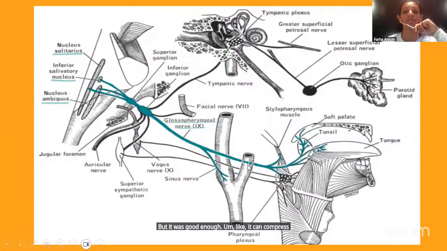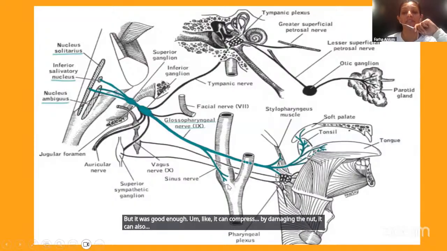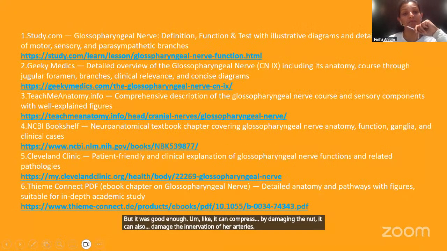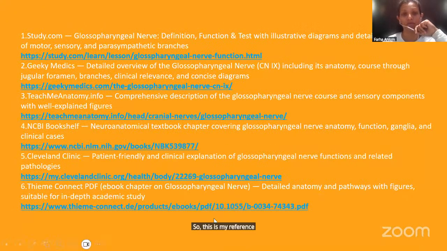Damaging the nerve can also damage the innervation of the artery. So this is my reference that I used to make this slide.